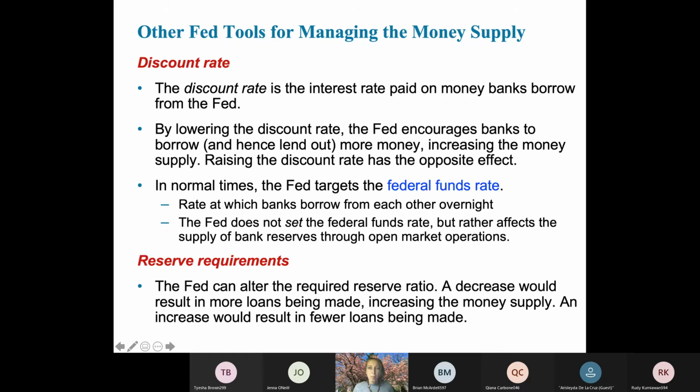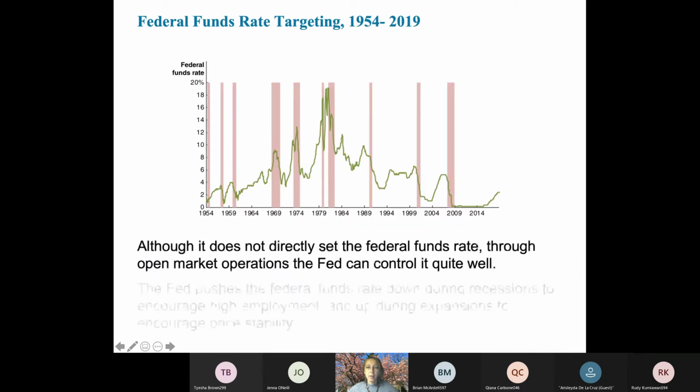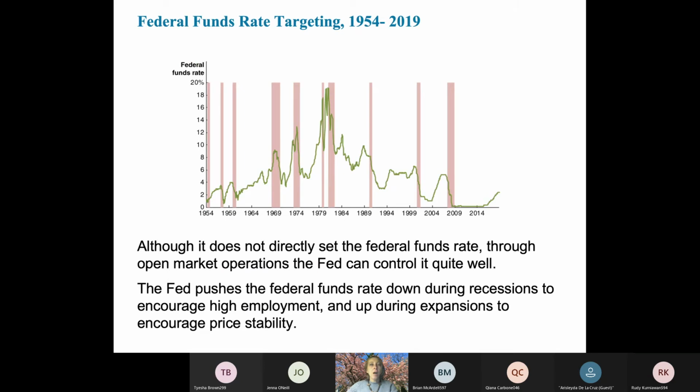You can demand 20% money to be kept on reserve. That'll make the money more scarce, right? So banks will be able to lend less. So this tool is never really used. It's like a sledgehammer tool. And why would you use it if you have open market operations? A very sneaky and available tool.